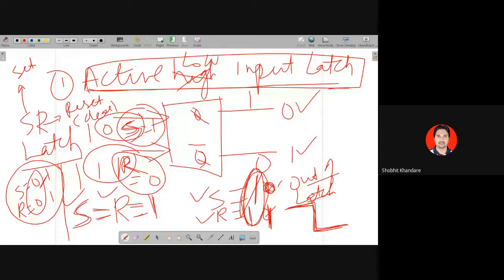और ये सिनारियो में क्या हो रहा है, एक्टिव हाई में हम इनिशियली 0 में है और मुझे आउटपुट ऑफ लैच को अगर चेंज करना है तो आई हैव टू गो फ्रॉम 0 to 1. सो आई एम गोइंग फ्रॉम 0 to 1. तो अगर एस को मैं 0 to 1 कर रहा हूँ, आर 0 ही रहेगा, या फिर मैं एस को 0 ही रख रहा हूँ, मेरा आर विल गो फ्रॉम 0 to 1. सो इन ईदर ऑफ द केस आपको एक को ही चेंज करना है, फ्रॉम 0 to 1. सो दिस इज कॉल्ड एज एक्टिव हाई बिकॉज यू आर गोइंग फ्रॉम 0 to 1.